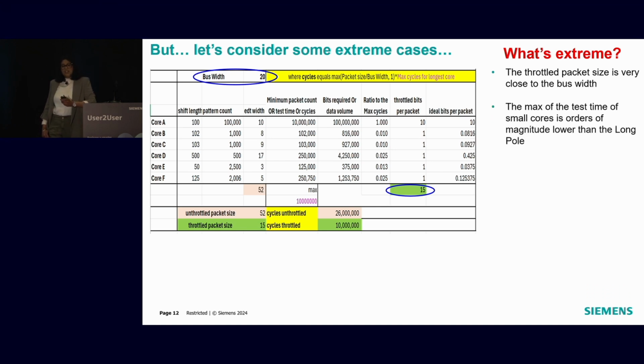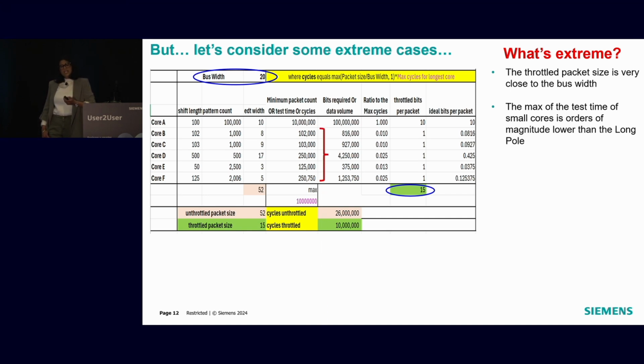Now the max of the test time for all the small cores, if you look at core B, C, D, E, and F, the test time they require versus the test time core A requires. Core A is orders of magnitude higher test time requirement than cores B, C, D, E, and F, right?